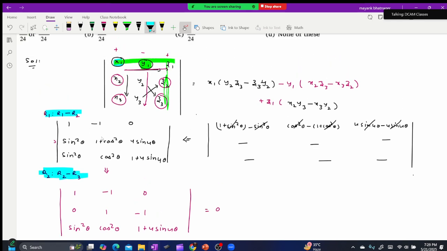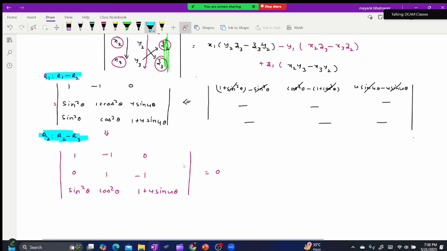This is a property of determinants. If a complex determinant comes in front of you, just subtract any row from another row so that it becomes easier. The same thing you can do with the columns also. The value of the determinant does not change.